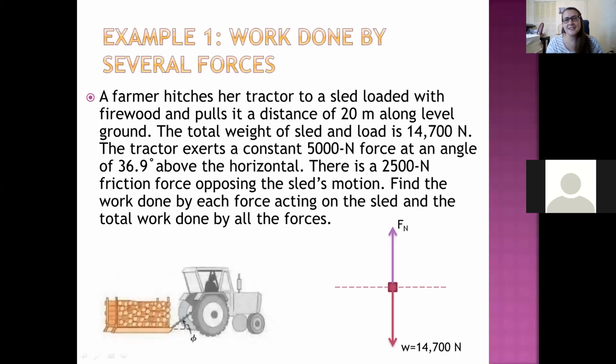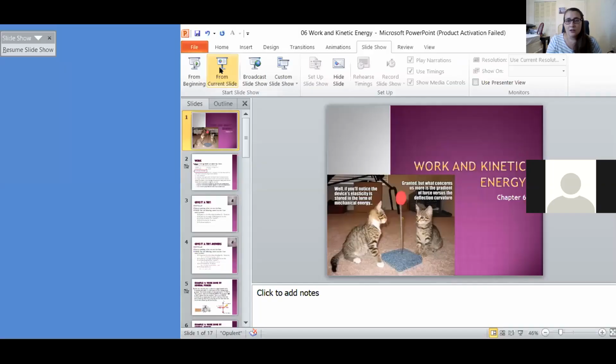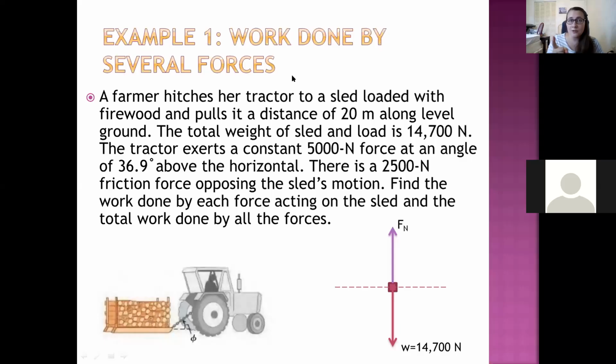No, it's not. Good job, Gabriel. It is a little bit smaller, because we're pulling up on this load of firewood at an angle, so it's kind of like you lifting while you're pulling. The ground doesn't have to hold it up quite as hard as it would if it was just resting on the ground. So the normal force is not equal to the force of gravity, but we don't know how big it is right now.